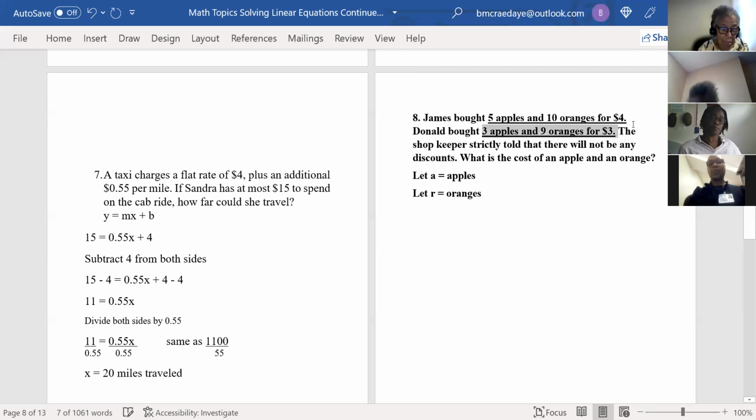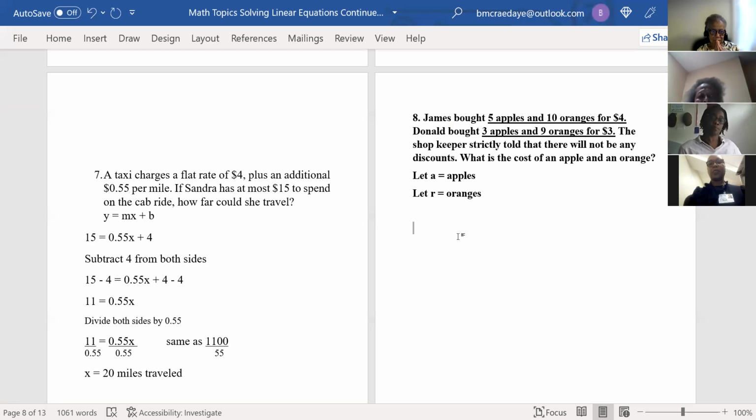So let's set up the equations. What would they look like, Maureen? The first one.